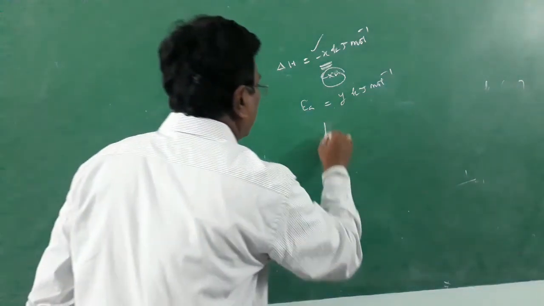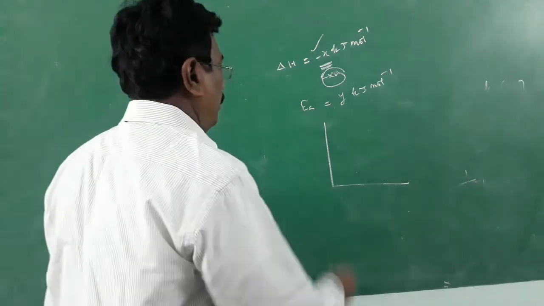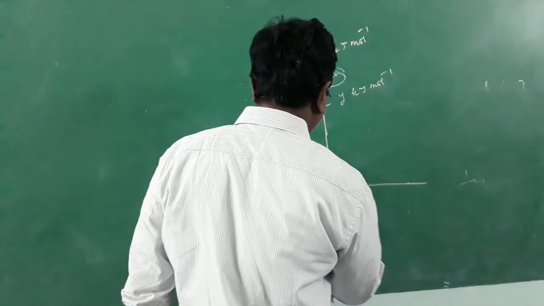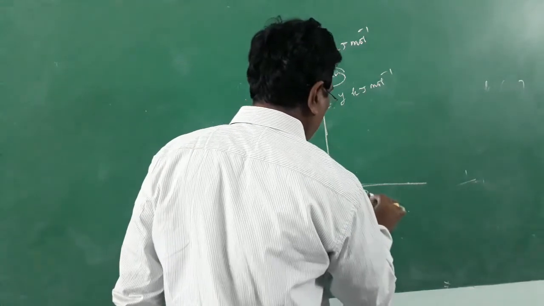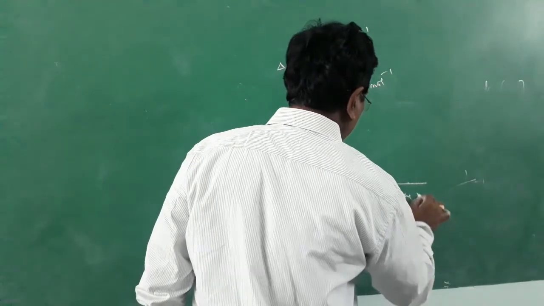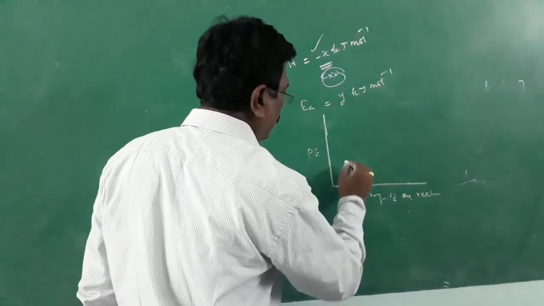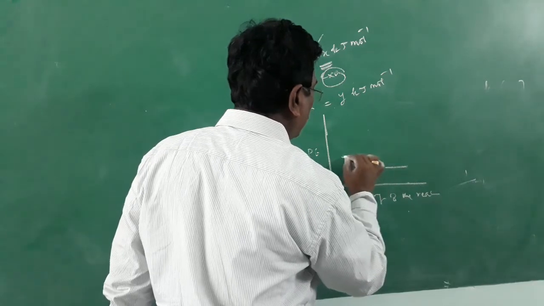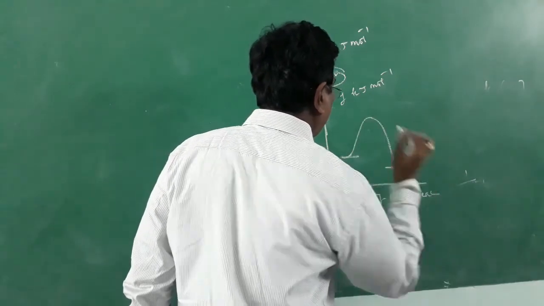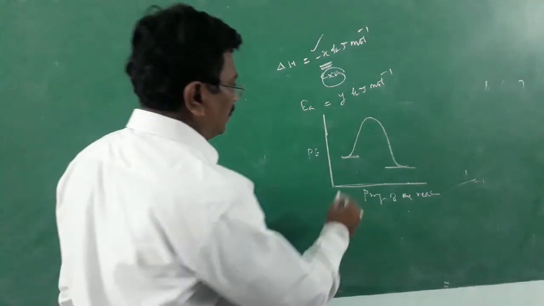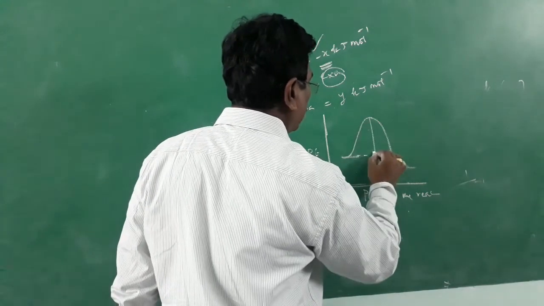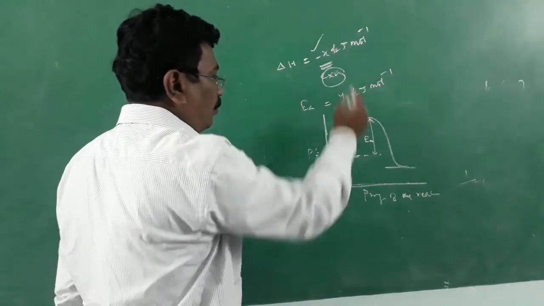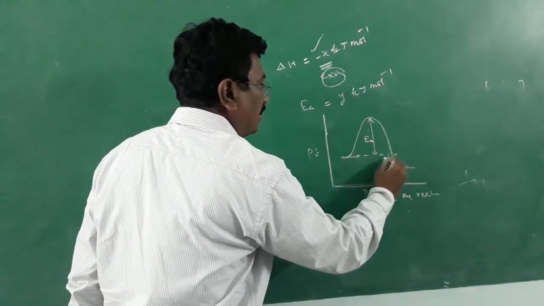So we should draw a graph. Potential energy, progress of the reaction. Since it is exothermic, the energy of product will be lower. That is the meaning. This may be the graph. This height is said to be energy of activation. And the energy given out, how much energy is given out?